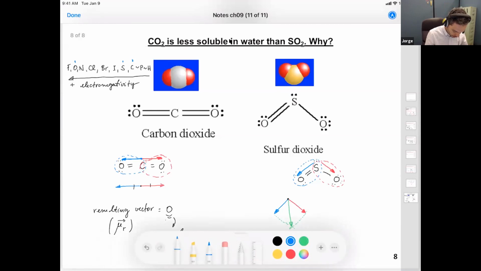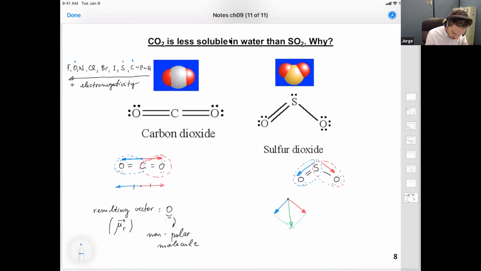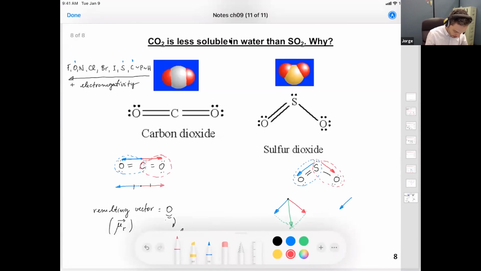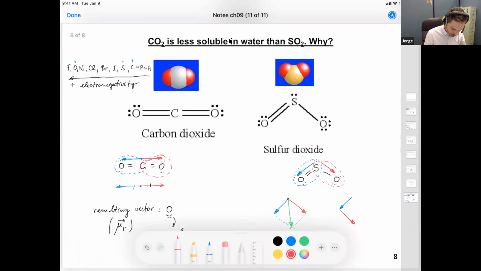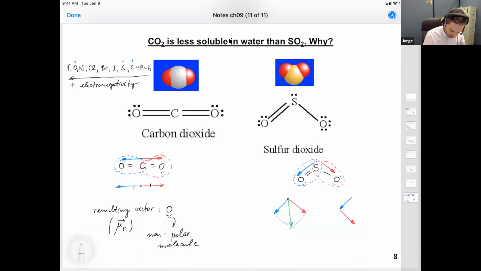Another way to get the resulting vector is to redraw the blue, and where the blue vector ends, we are going to draw the red vector. Okay, so the head of the blue vector will connect to the end of the red vector, and the resulting vector will start at the beginning of the blue, pointing towards the end of the red vector.